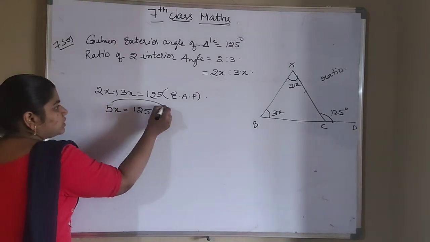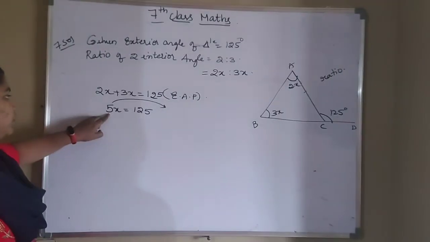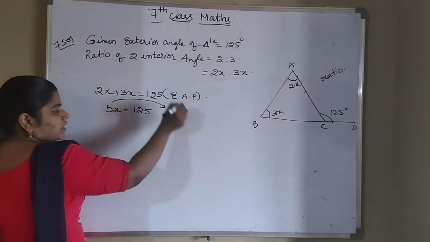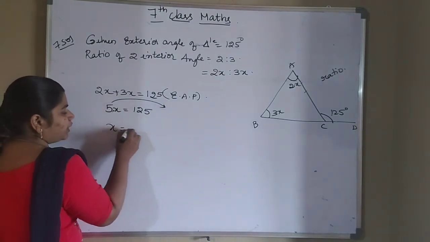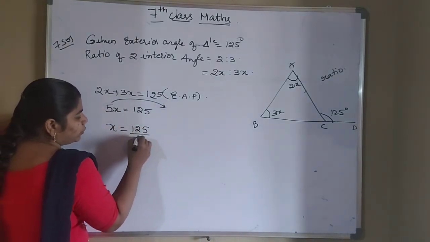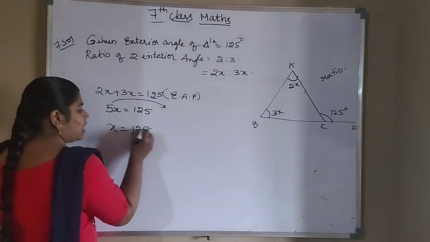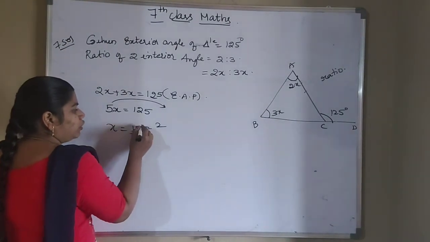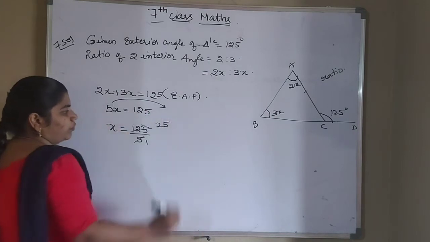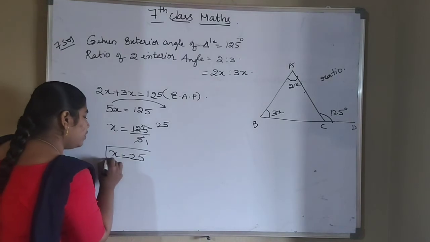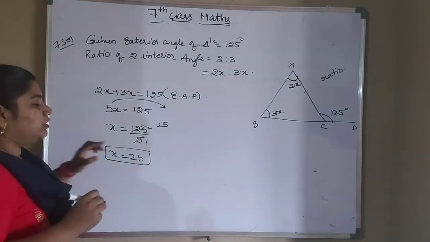I am transposing this 5 to the other side. The relation of 5 and x is multiplication here, so if you transpose that 5 to the other side, it will be converted into division. That is 125 by 5. Now do the cancellation. 5 ones are 5, 5 twos are 10, 2 will be remaining, 5 fives are 25. So what x value did you get? 25. We got the x value.